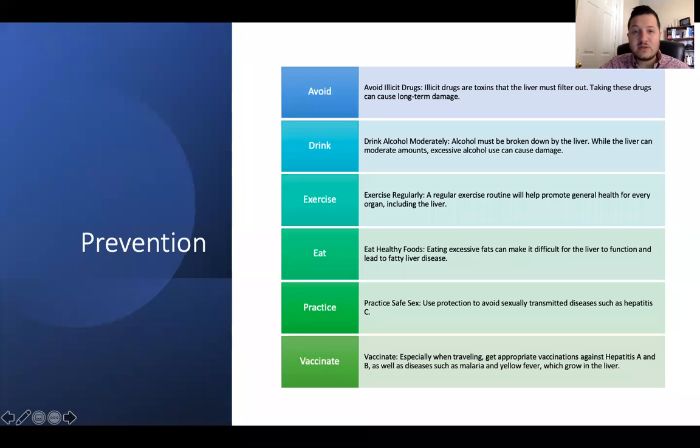So there's several ways to prevent liver cancer. Basically, just with everything in life, like obesity and stuff, it's important to exercise, eat right, practice safe sex, get vaccinated. Avoid drinking excessive amounts of alcohol, avoid using illicit drugs and toxins that the liver must filter out.